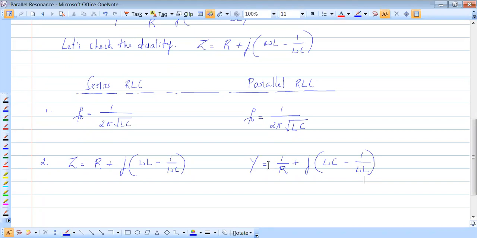Now, what is this called? This is called impedance, right? The inverse of impedance is admittance.